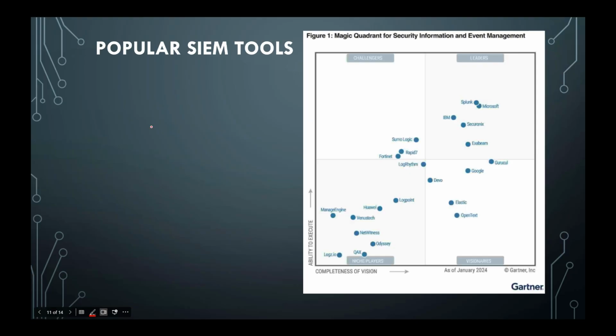Then the next one, we got popular SIEM tools. Now you might be wondering what SIEM tools are out there. So some of the most popular SIEM tools are Splunk, Microsoft, IBM QRadar, Securonix, Exabeam. So they are the leaders. I collected this from the Magic Quadrant for SIEM, and this is the January 2024 report.